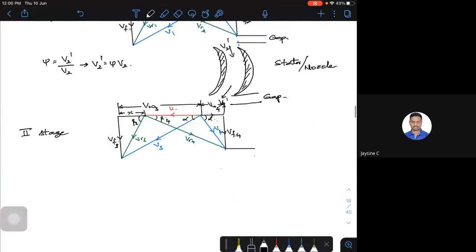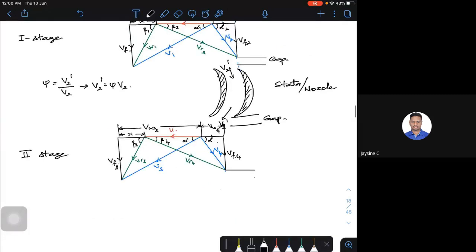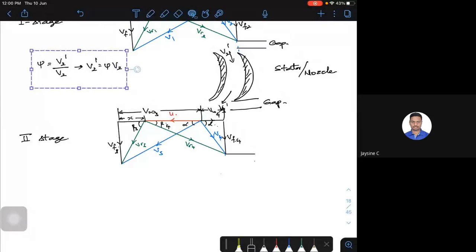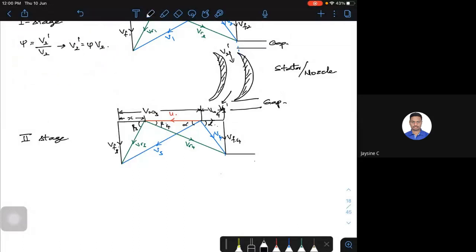So the nozzle efficiency, or the stator efficiency, will be equal to V3 dash square minus V2 dash square by 2 divided by the isentropic efficiency. That is what I am going to get for this particular thing.